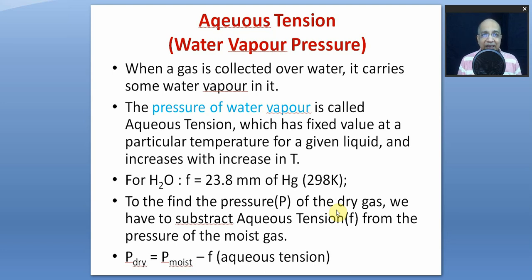On the other hand, if the gas pressure is less, then the atmosphere will press the liquid and the left side will have a higher level than the right side. So this differential height h plus gas pressure is equal to atmospheric pressure. So the gas pressure is equal to atmospheric pressure minus that differential height. So this is the way we measure.